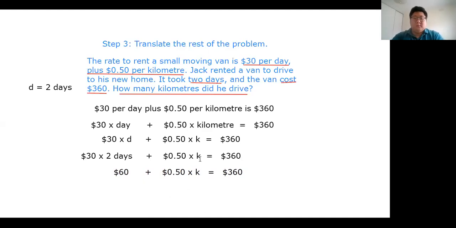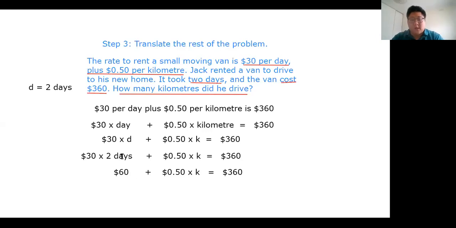We need to get K by itself, but obviously it's multiplied with this 0.5 of a dollar. So we can see that this $60 here can be removed from it. And the way we can remove it or get rid of it is to take away $60 from each side.